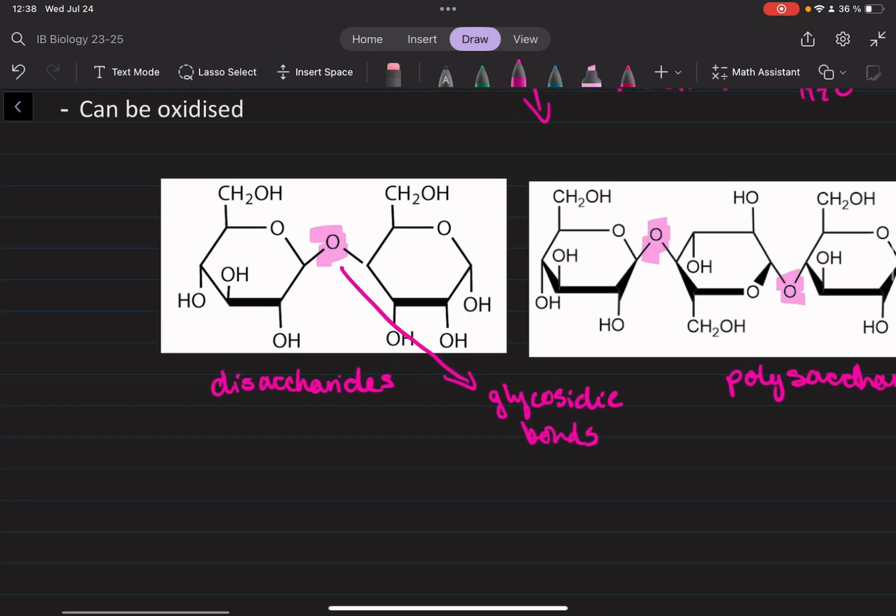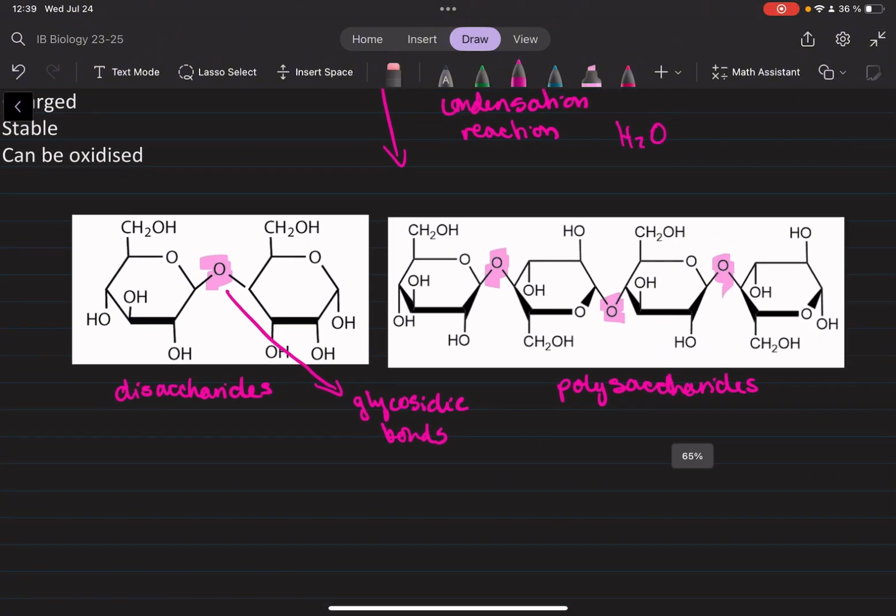We don't really need to memorize the different types of disaccharides, but as I said before, because there are many monosaccharides, there are a lot of different types of disaccharides and polysaccharides. So if you've got 2 fructose bonded together, you're going to get a different disaccharide than if you've got 2 alpha glucoses bonded together.